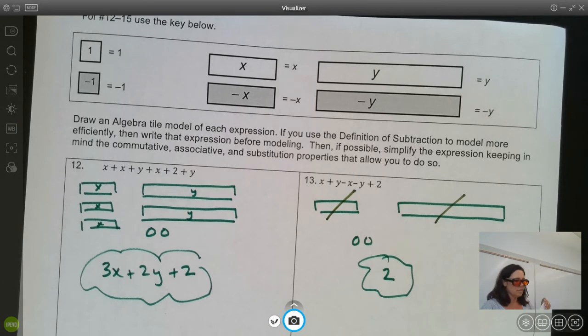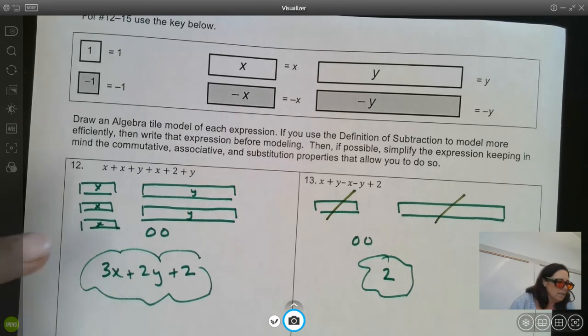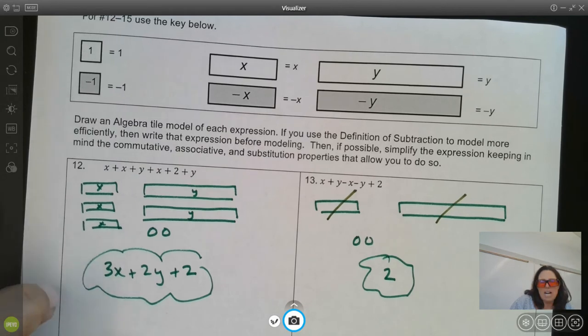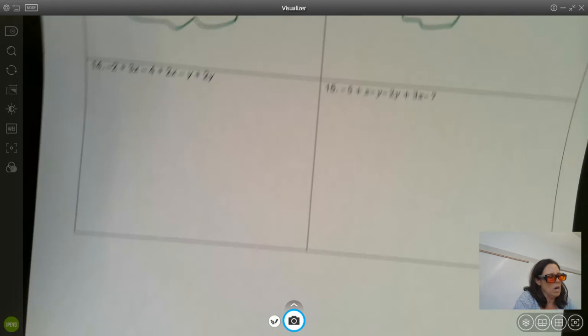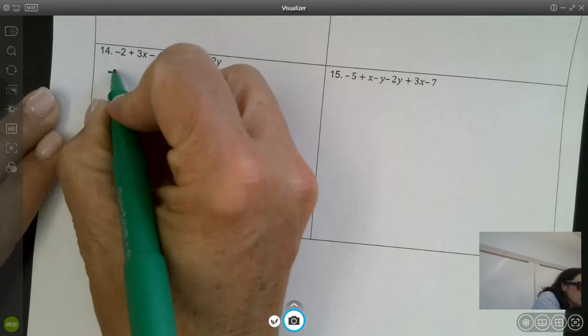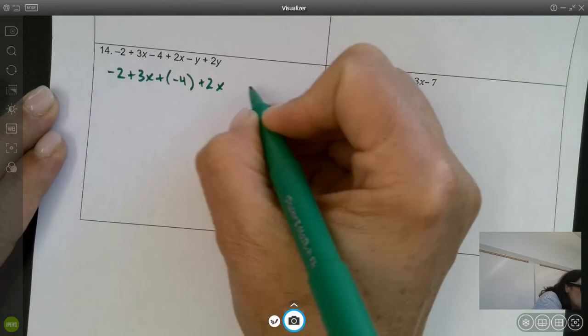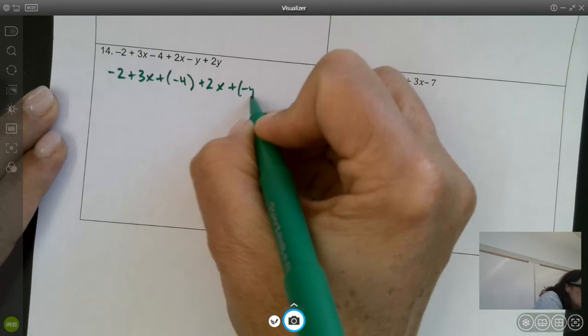All right, let's look at this one. Negative 2 plus 3x minus 4, and then I've got this minus y. I don't want zero pairs with y's, so I'm changing this to be all addition. That'll make it much simpler for me to model.